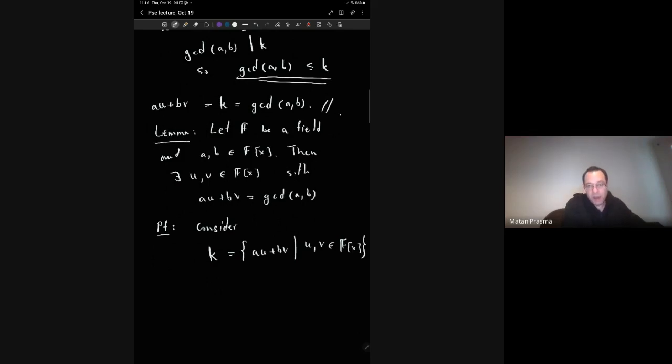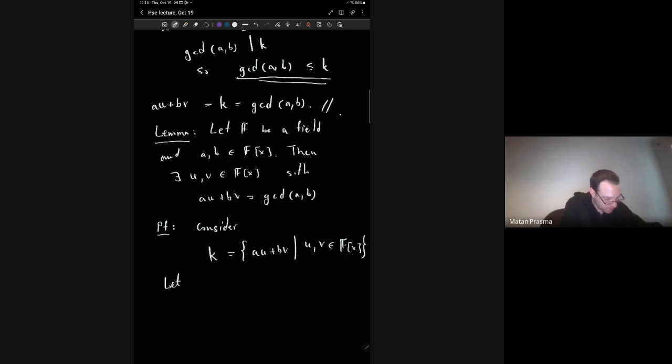In this set, I have elements of a smallest degree. Possibly we can have several elements of smallest degree, but I have at least one.